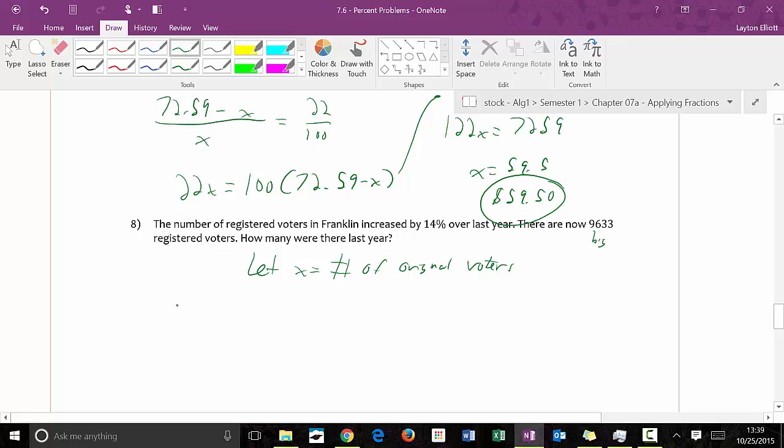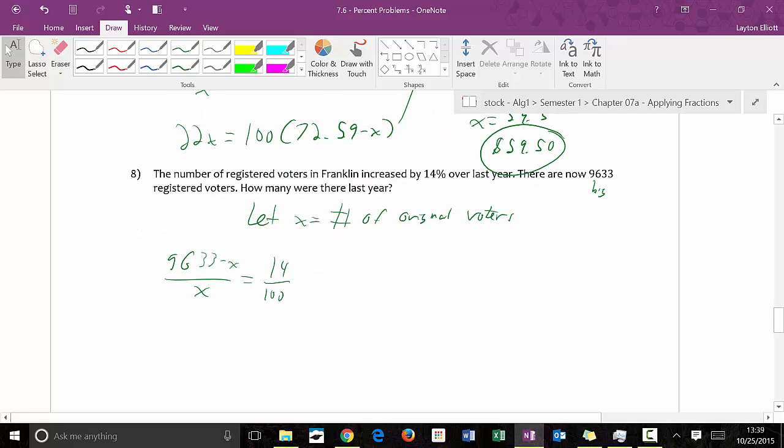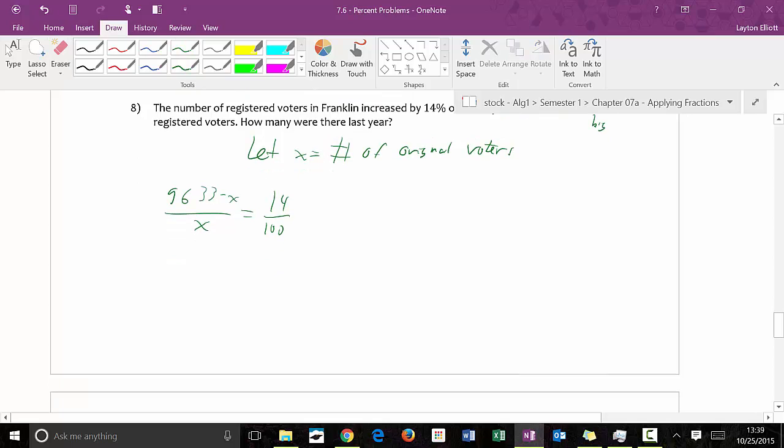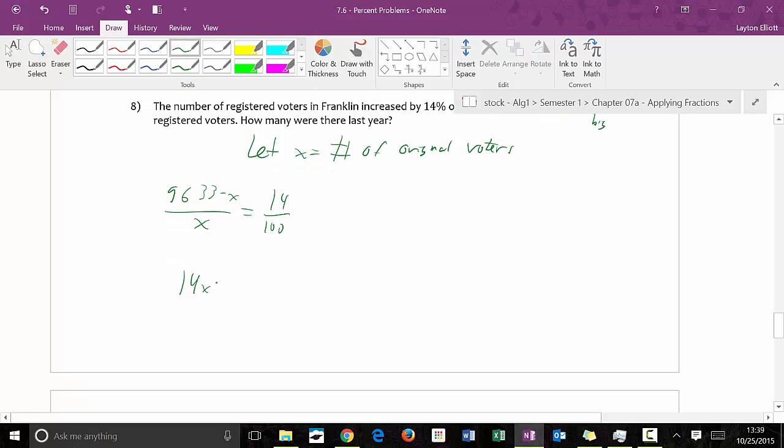So I go big minus small over the original, and that's going to be equal to 14%. So cross multiply, I get 14x is equal to 100 times 9633 minus x, or 14x is equal to 963300 minus 100x.